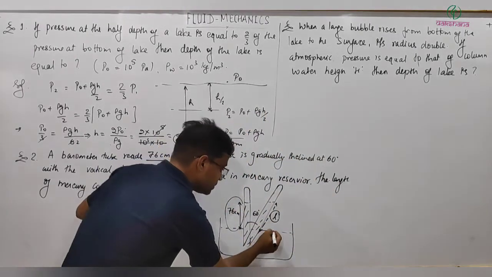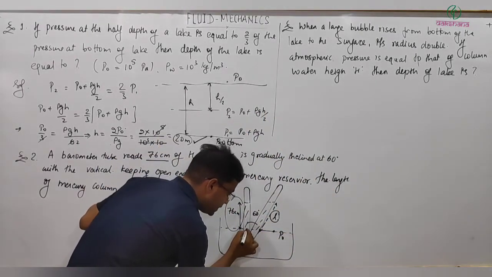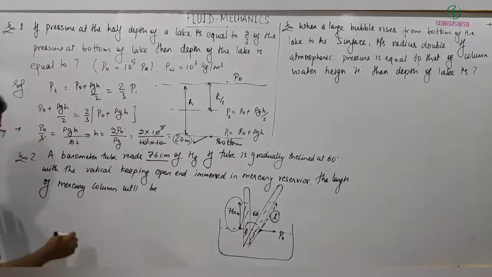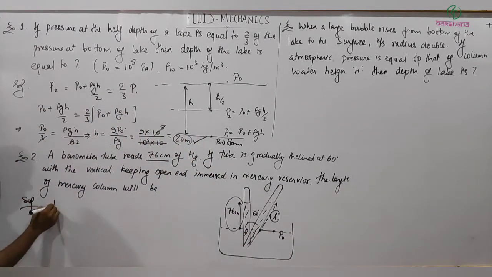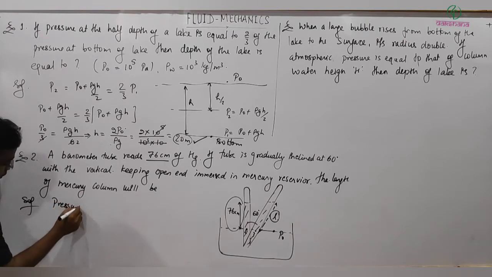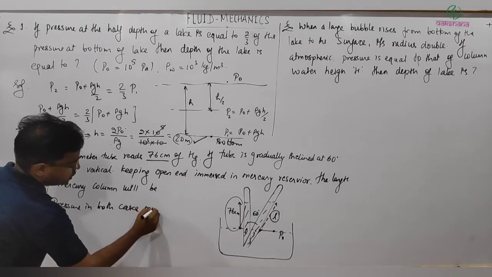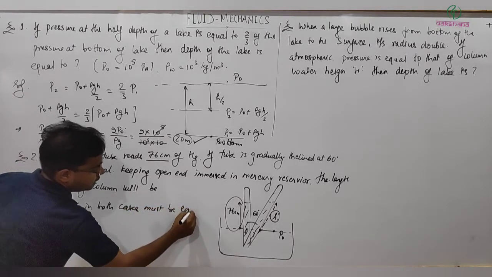So pressure at this point is equal to P naught. Now pressure in this situation, at points 2 and 3, must be equal. So this implies pressure in both cases must be equal.